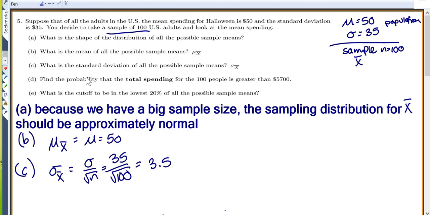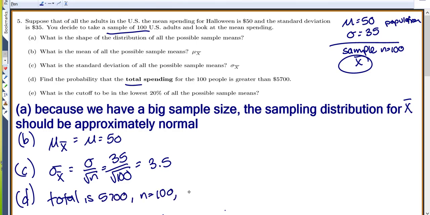Now D, find the probability that the total spending for 100 people is greater than 5,700. This is a bit of a trick question because it's talking about a total. We only know how to do things for sample means, so let's change a total to a sample mean. If the total is 5,700 and n equals 100, then the sample mean, x bar, would have to be 5,700 divided by 100, which gives me 57.